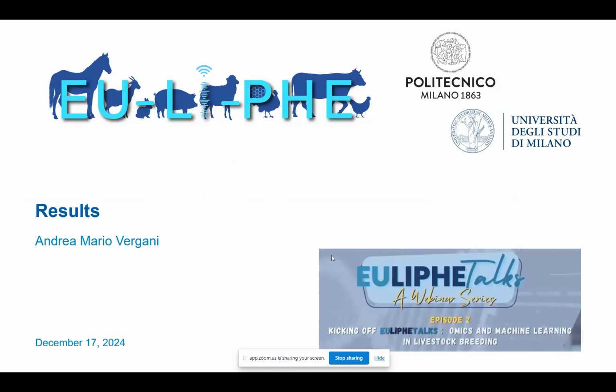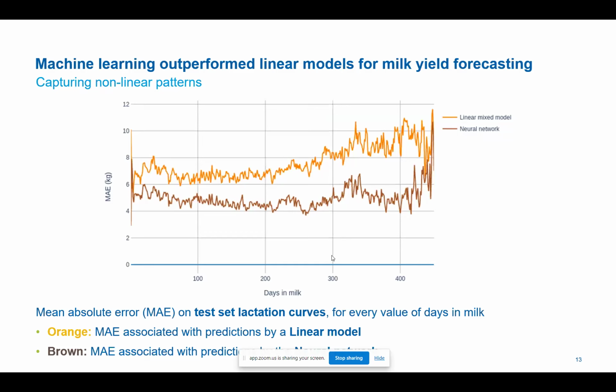Coming to the results of these experiments with our data, the first thing that we saw is that machine learning clearly outperformed linear models for the forecasting of milk production.